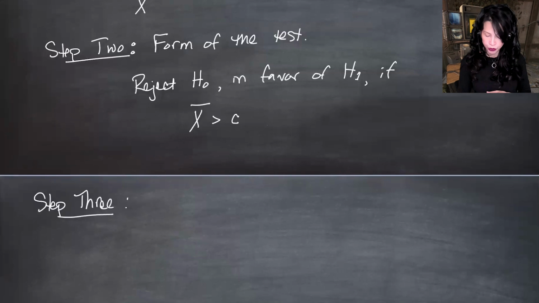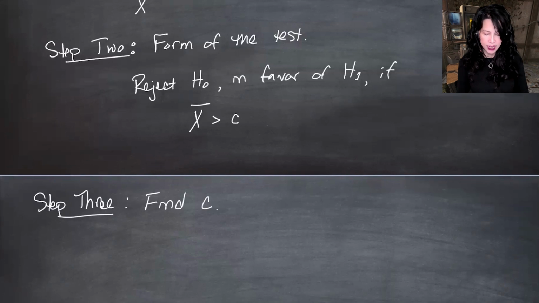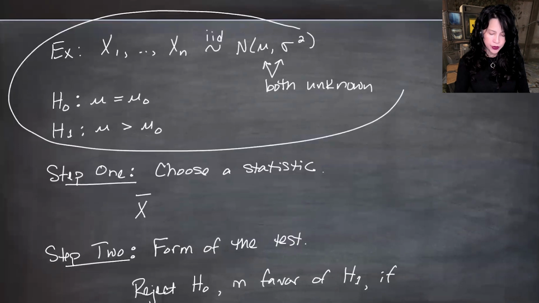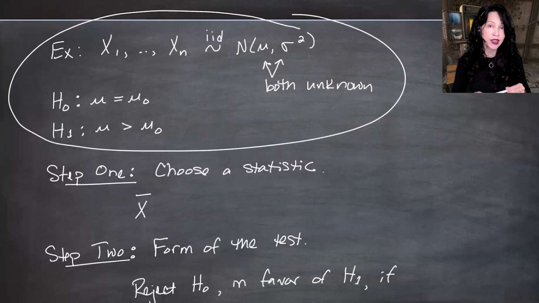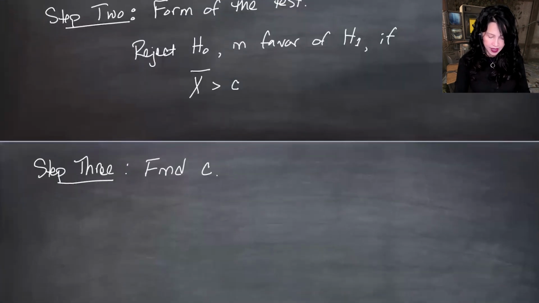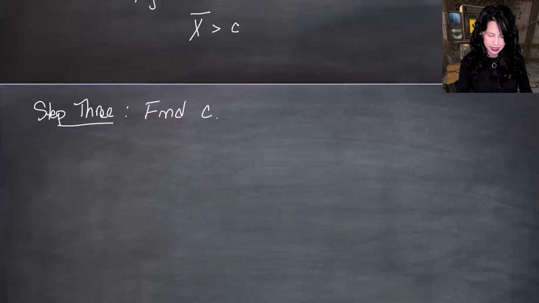And here's where you use alpha, which is going to be a given size or level of significance of the test. I didn't completely restate the whole problem. We're doing a hypothesis test here based on x bar. We're trying to derive a size or level of significance alpha test for these hypotheses. So an alpha has been given, and that's how you find c.